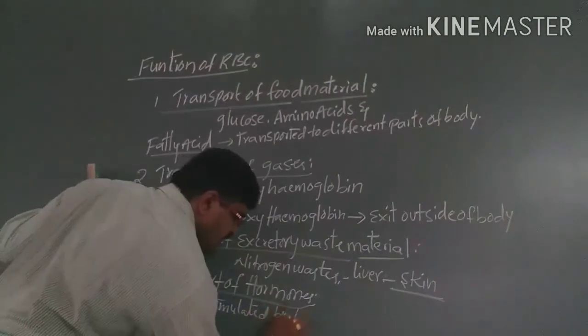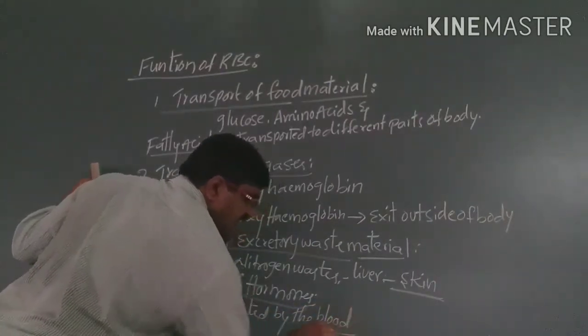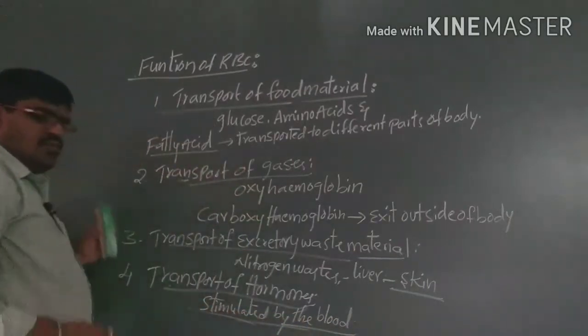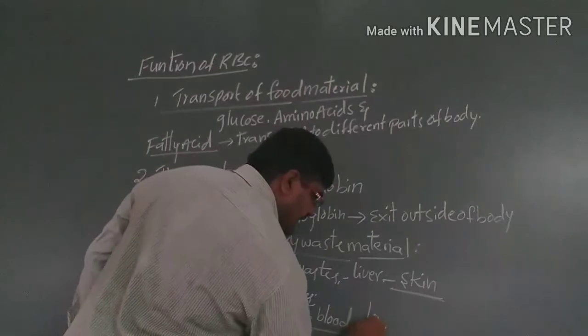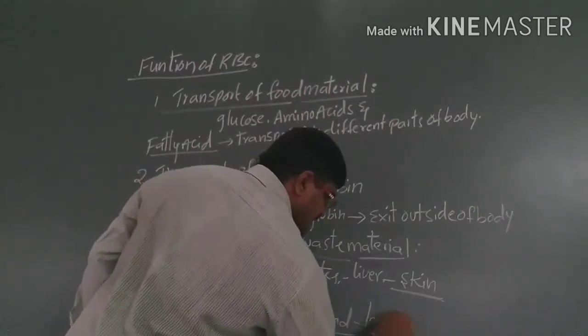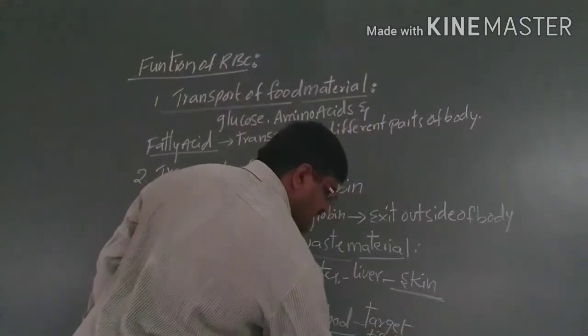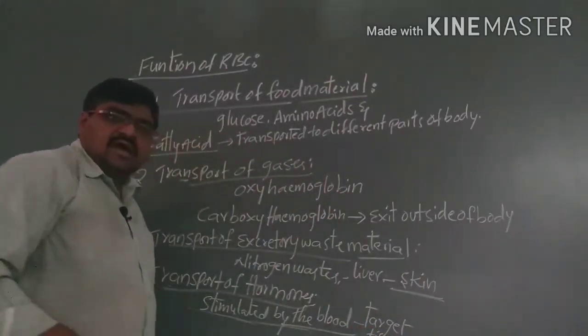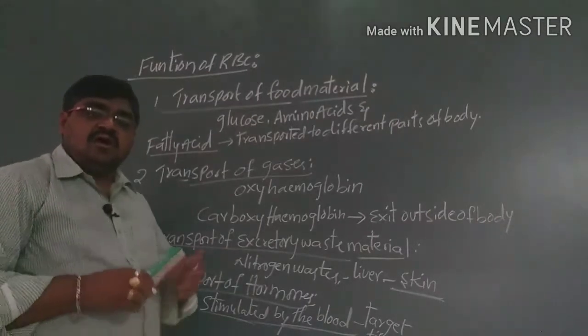The blood carries the hormones to the target tissues or target organs, and through these target tissues they are transported and stimulate the organs present in our body.